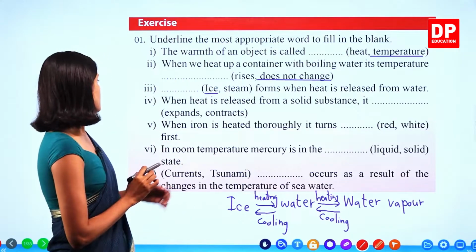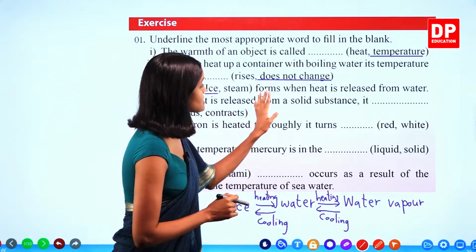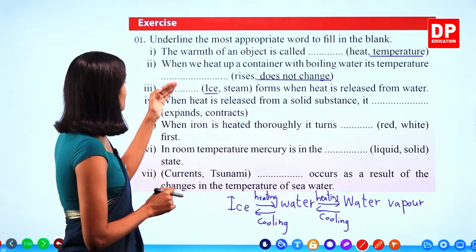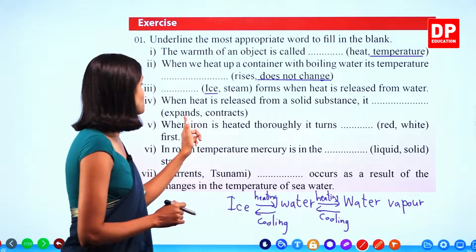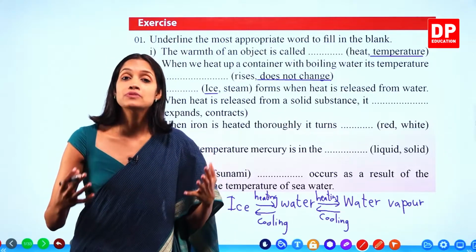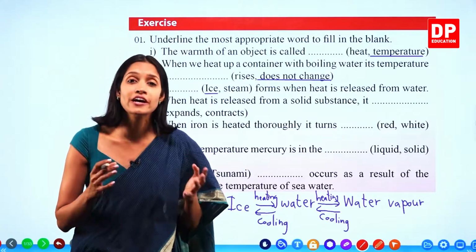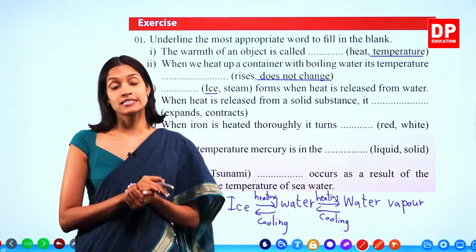Right. Number 4. When heat is released from a solid substance, what happens? When heat is released from a solid substance, it expands, contracts. You all know when objects absorb heat, what happens to the size of the objects? Increases. And the volume also increases.